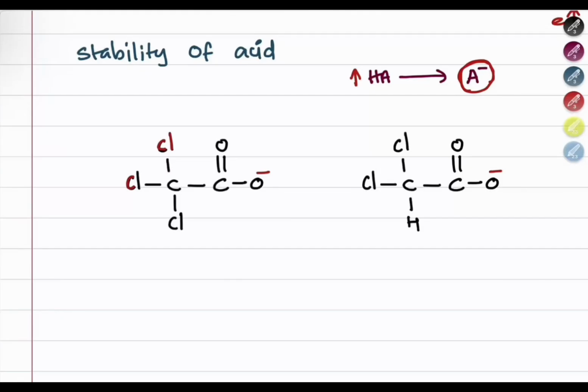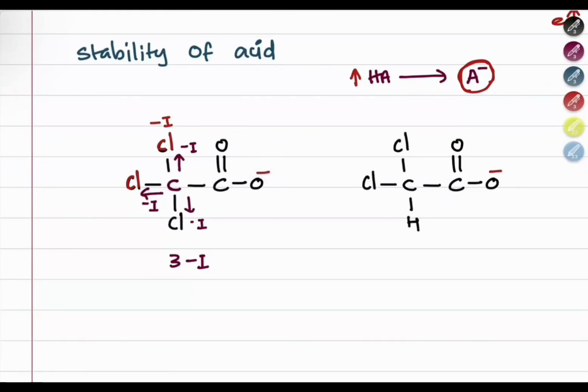Chlorine groups, we have seen, have a minus I effect. Minus I effect means it will accept the electron density towards it from the carbon chain. So here this will accept the electron density through minus I effect. This chlorine also will do the same through minus I effect, this chlorine also. So there are a total of 3 minus I effects in the first molecule, and these 3 minus I effects will take part in the stabilization of this negative charge.